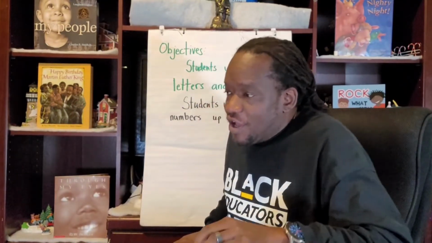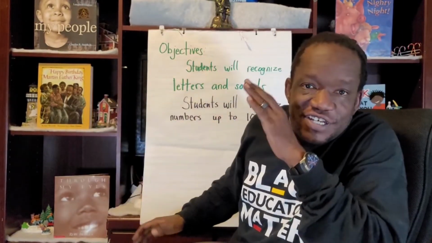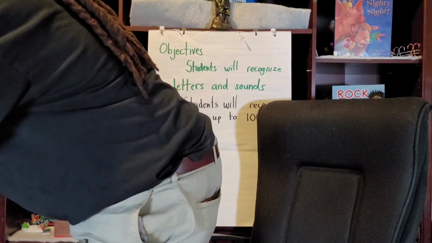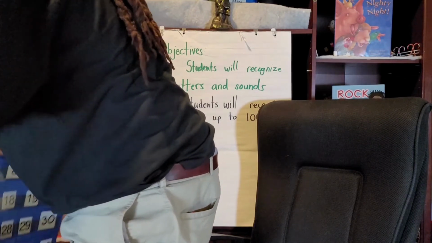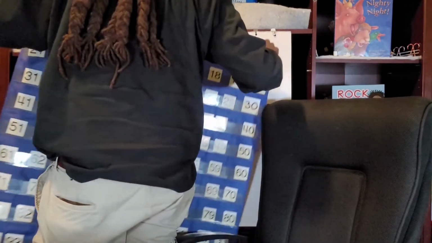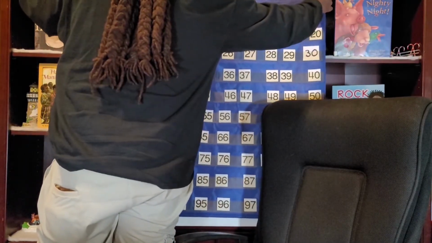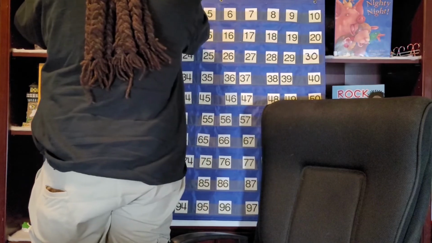All right, boys and girls, you ready to do some counting? All right, let's do some counting. Let me get my number chart. Here we go. We got a new setup right here. If you all were with me last year, you saw what we did.